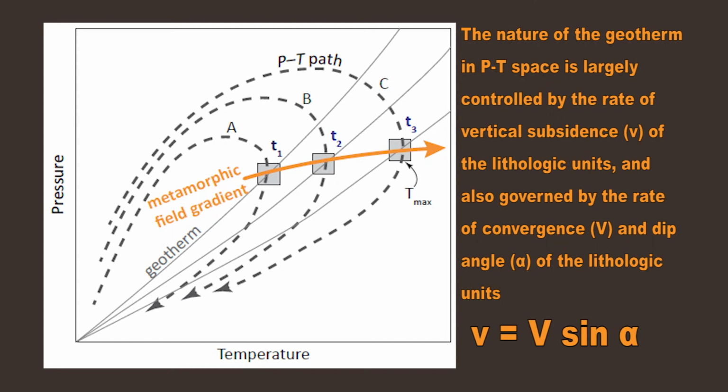The nature of the geotherm in PT space is largely controlled by the rate of vertical subsidence, small v, of the lithologic units, and also governed by the rate of convergence, capital V, and the dip angle of the lithologic units. The relation is expressed by the equation small v equals V sine alpha.